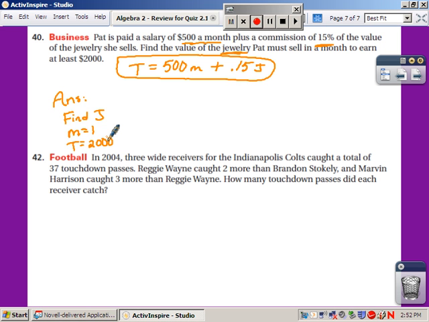So what we've really been told is that T equals 2,000, that M equals 1, and then the jewelry is what we're looking for, this variable.